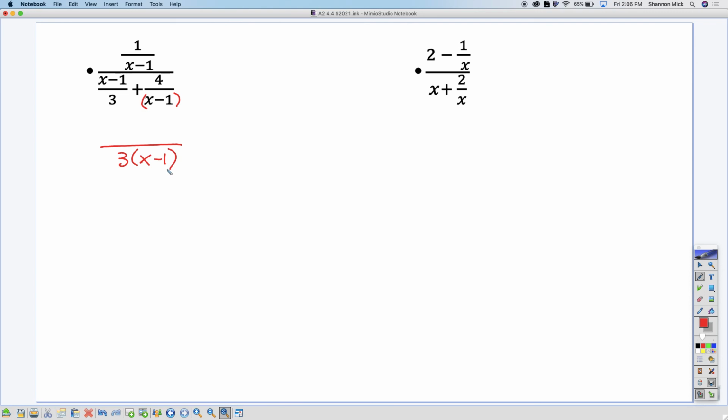So what do I need to multiply the left by? X minus 1, because I have a 3. And this is a quantity, so I'm going to have to distribute, yes? So that is going to be x squared minus x minus x plus 1.